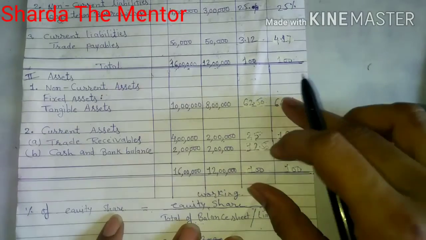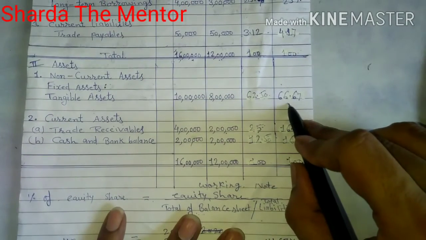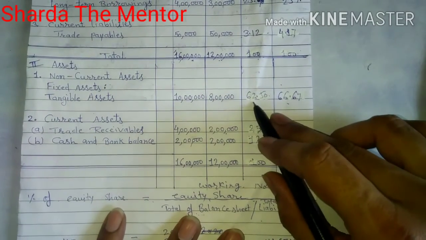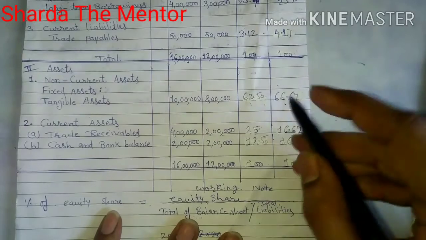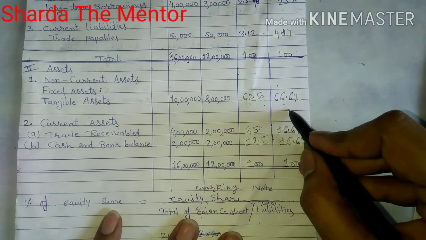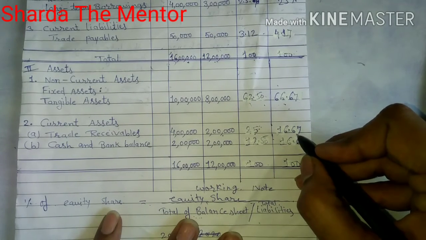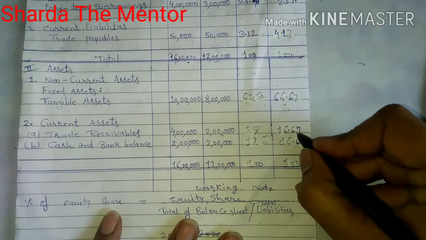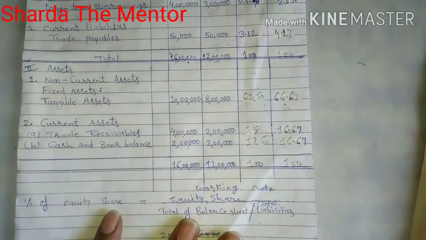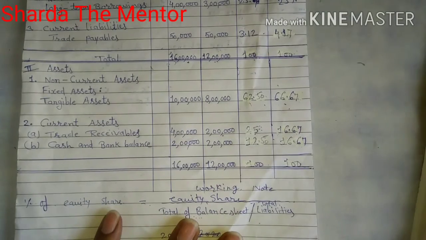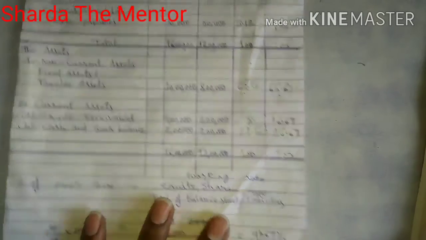When we talk about tangible assets, it was 66.67 but now it is 62.5. Tangible assets in terms of percentage are decreasing. In the same way, trade receivable was earlier 16.67 but now in 2020 it is 25%, so we can say that we are selling goods on credit basis. In the long term, selling on credit basis is not good for the company and it will reduce the liquidity of the company.